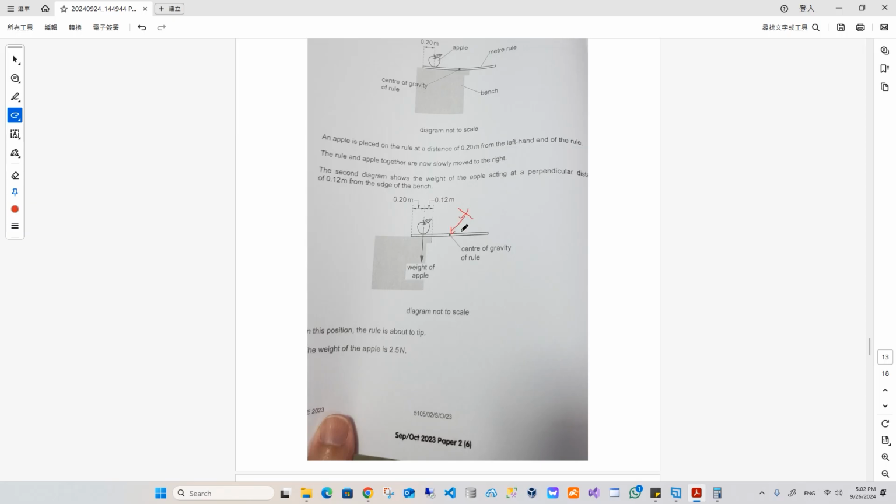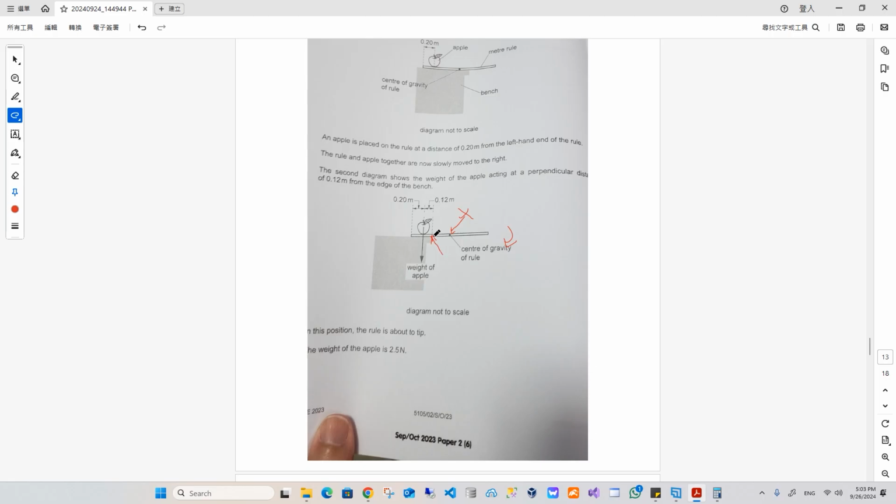No, it is turning about here, because when the ruler turns, this is the edge that will turn. So we take moments about this end point. This is the last point of contact. After that, it will toggle over and drop. This is the last instant that the anti-clockwise and clockwise moments are balanced.